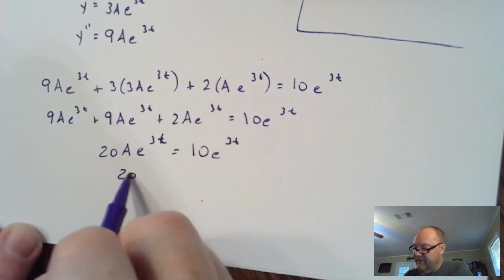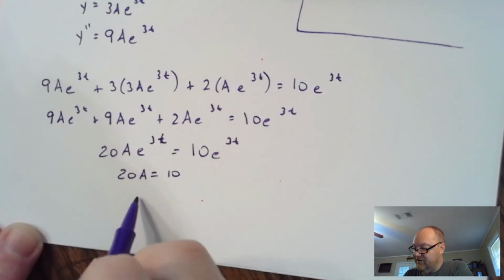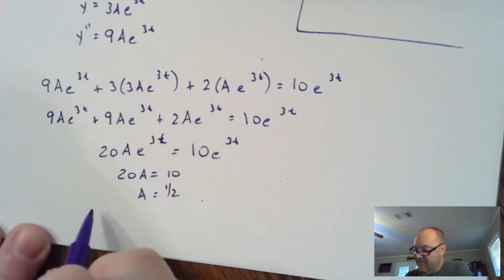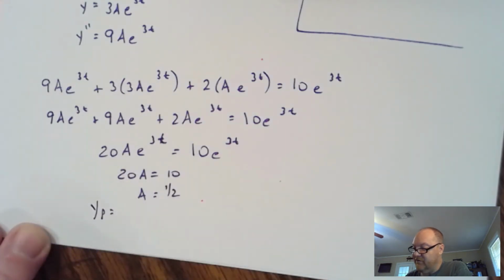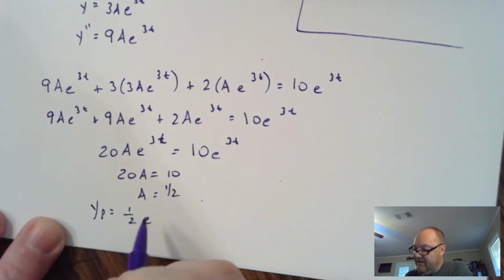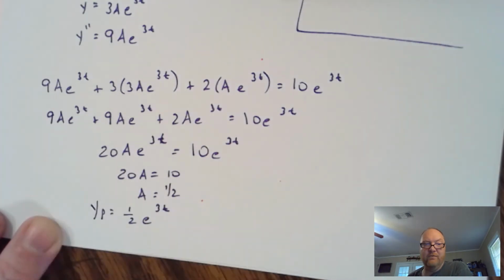And so really, I'm going to equate coefficients at that point. So 20a is equal to 10, a must be 1/2. So my particular solution to this problem is 1/2 times e^(3t).